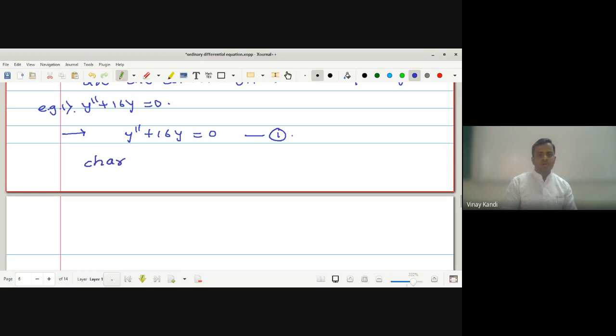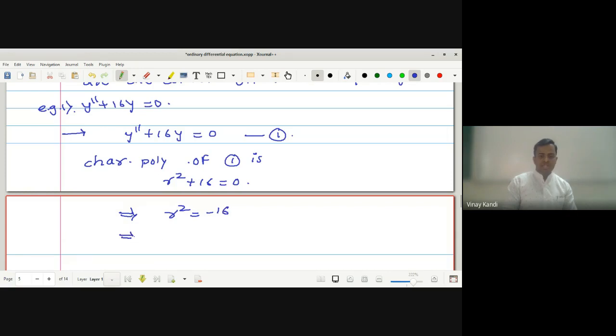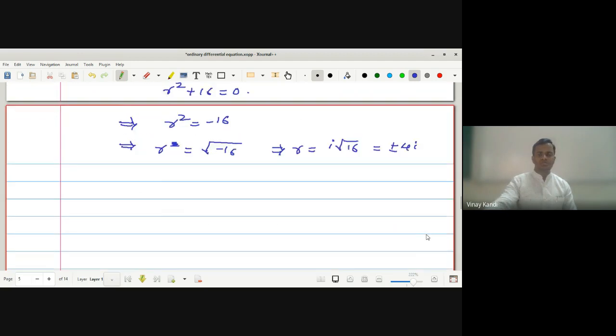Then the characteristic polynomial of 1 is r square plus 16 is equal to 0, which implies that r square is equal to minus 16, which implies that r is equal to under root minus 16, which implies r is equal to plus or minus 4i. Okay, any doubt? No, sir.